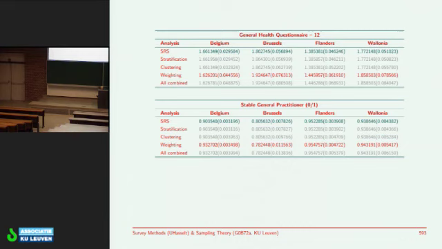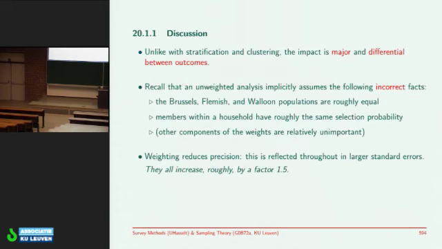For stable GP, we go from 32 to 35, which is a much more modest correction. So, inferring that the impact of weight is an increase of variance with 50%, I don't dare to say that in a specific study. It really depends on the variable you are studying, the subgroup or the domain you are studying it for, etc. Okay.